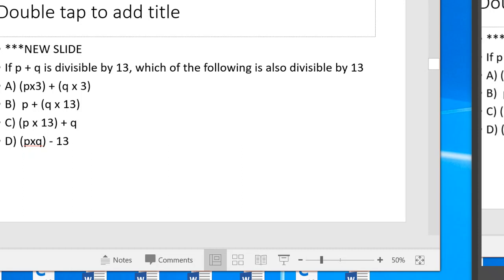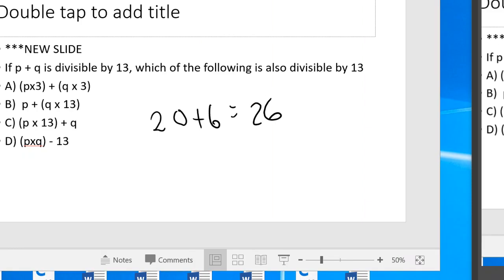Let's try to work through P plus Q. So let's try two numbers that, when added, are going to be divisible by 13. So let's try 20 and 6. If I add 20 plus 6 together, I get 26, right? That's divisible by 13.